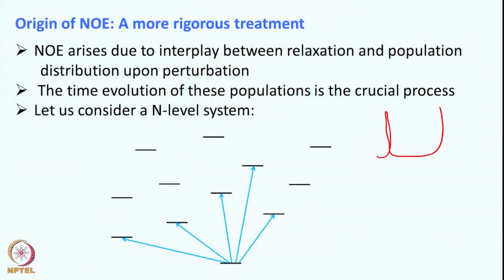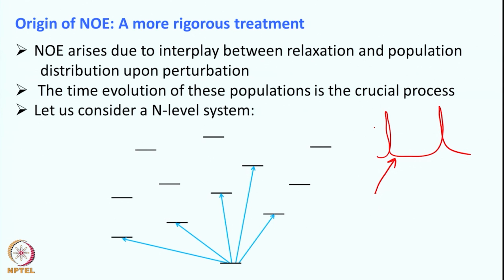We perturb one spin; if we have two coupled spins, say I spin and S spin, we perturb one spin either by continuous wave radio irradiation or by pulse radio irradiation, and then a redistribution of population happens, and the already existing relaxation mechanisms actually cause the NOE. That is what we looked at in the last class.